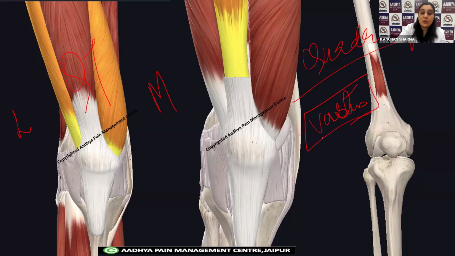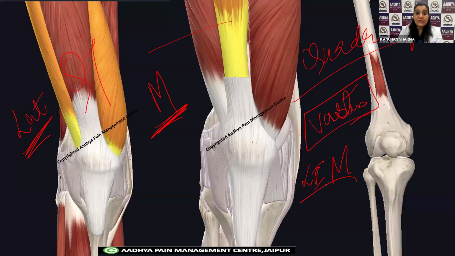This name is common for all these 3 muscles. If you are on the lateral side, it becomes vastus lateralis. If you are on the medial side, it becomes vastus medialis. And if you are in between, we call it vastus intermedius. So we have lateralis, intermedius, and medialis.